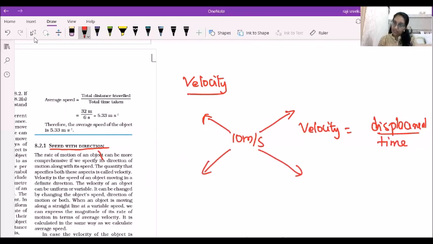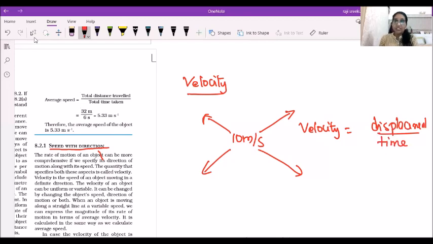Because when we were talking about displacement, we were also giving importance to the direction. Suppose the object is moving 10 meter towards north, that means it became displacement. So distance with direction is called displacement. So in order to find velocity, it is not distance by time, it is displacement divided by time.